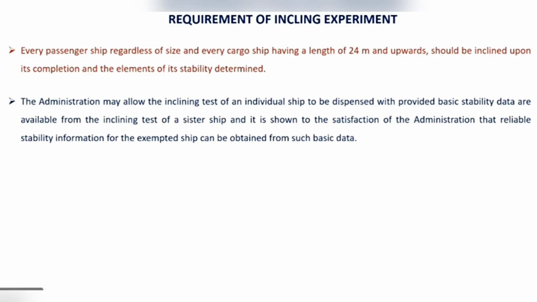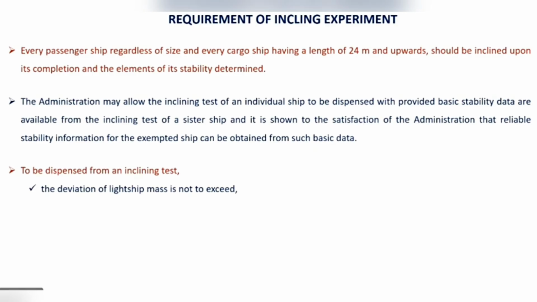If they feel that the data of the earlier ship can be used to get the KG of the exempted ship, then they may exempt this new ship from being inclined and use the data of the earlier ship.